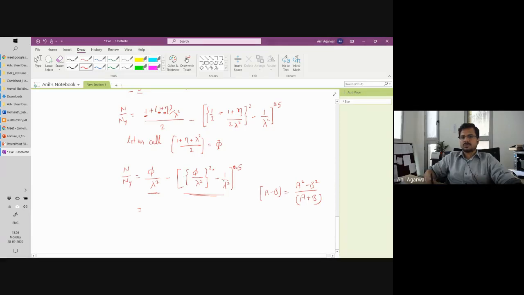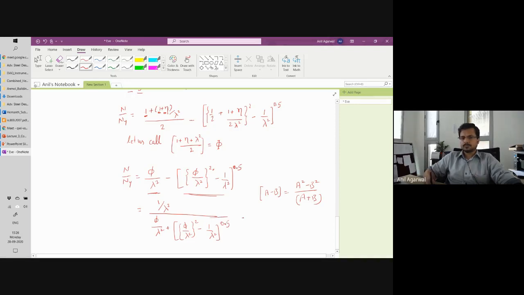So the 2 will cancel out. What I'll be left with is 1 divided by lambda square. So a square minus b square will give me 1 divided by lambda square divided by this plus this: phi by lambda square plus this much square minus 1 by lambda square to the power 4.5.